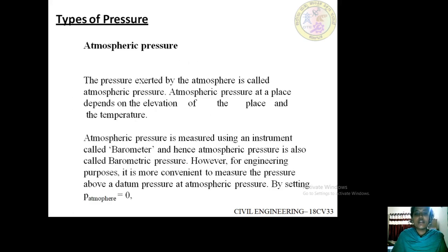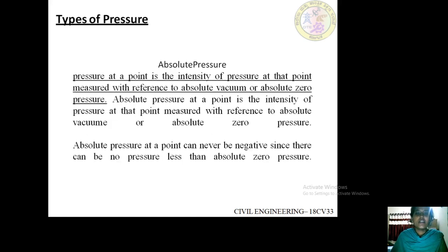It is more convenient to measure the pressure above the datum pressure, by setting P atmospheric equal to 0. Next is absolute pressure. It is the pressure at a point measured with reference to absolute vacuum or absolute zero. And absolute pressure at a point can never be negative, since there can be no pressure less than absolute zero pressure.